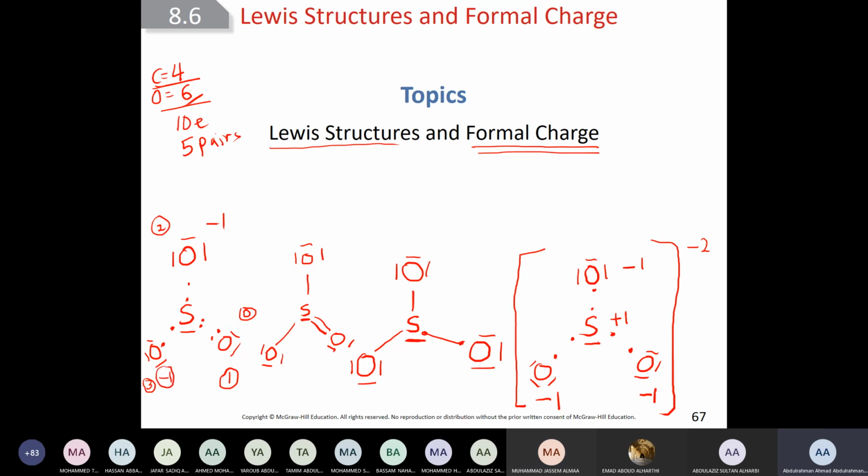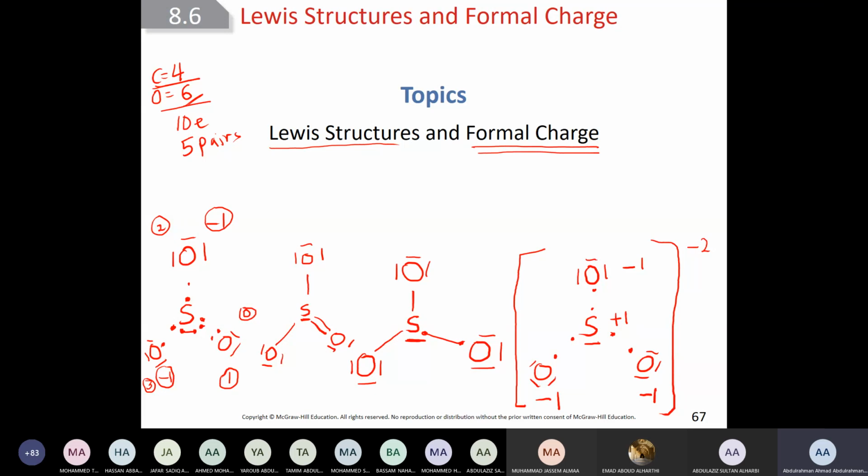How about the sulfur? What's the formal charge on sulfur? Count.